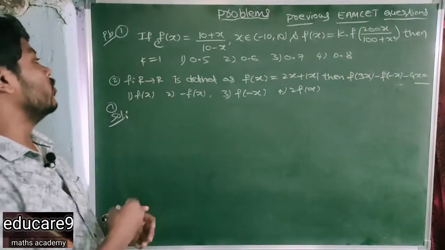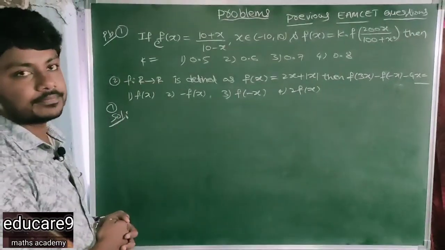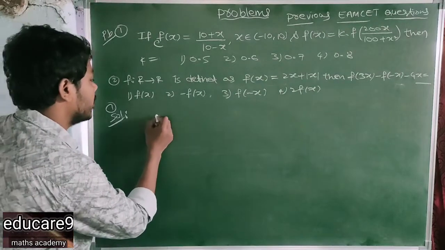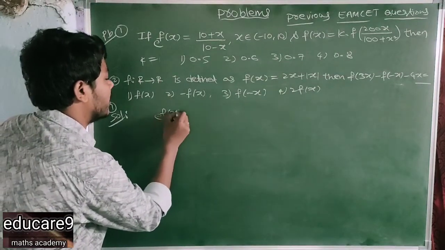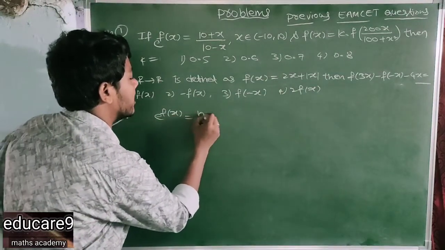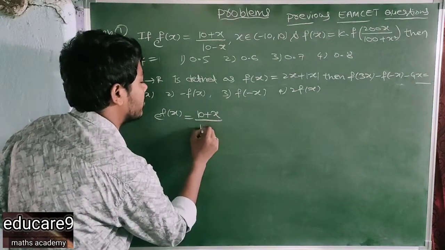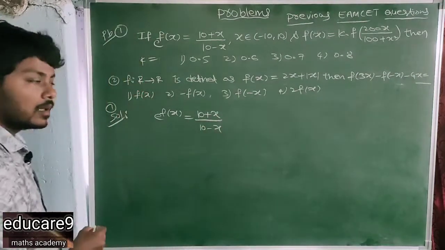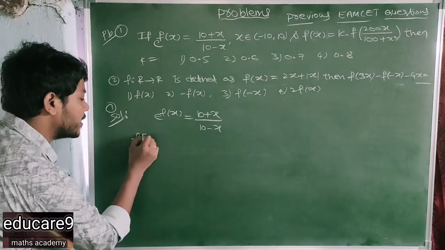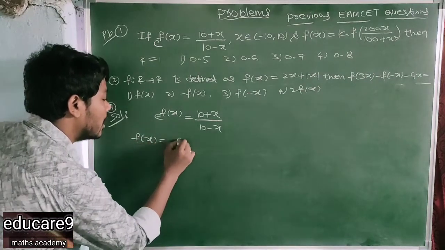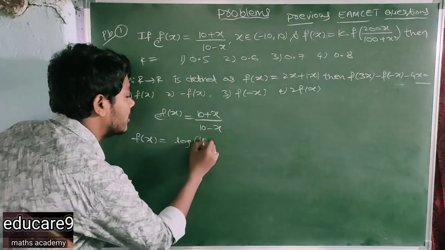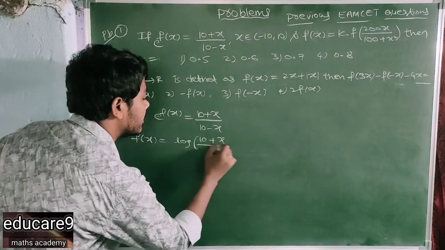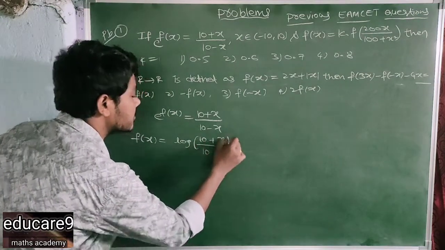Then you want to find the value of k. See here, e^f(x) = (10 + x)/(10 - x). So from this f(x) is equal to log((10 + x)/(10 - x)).